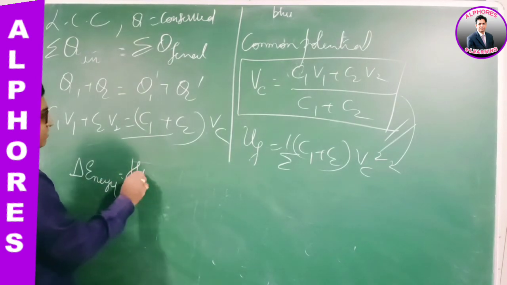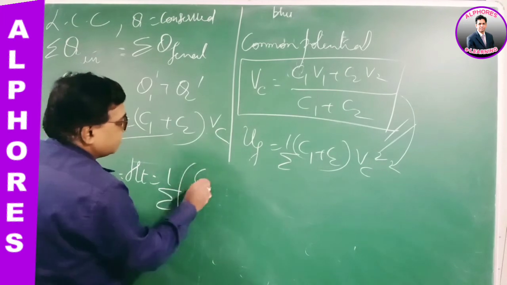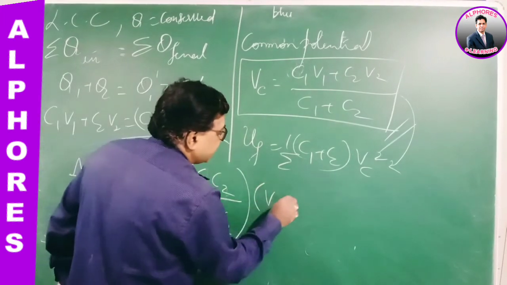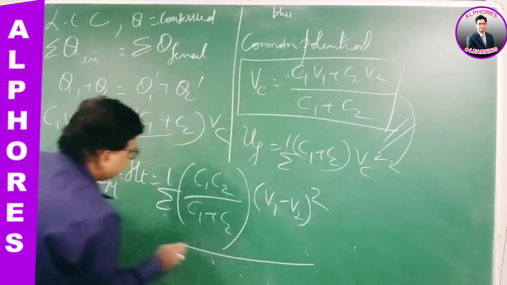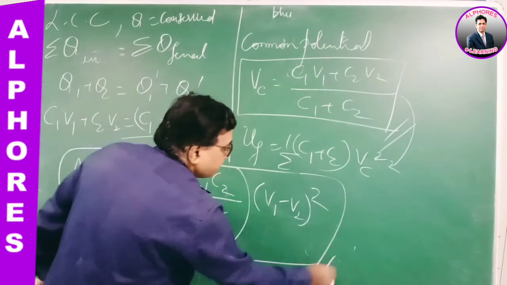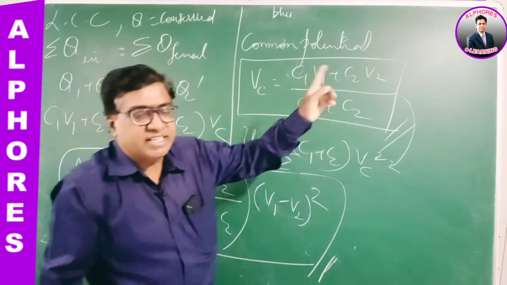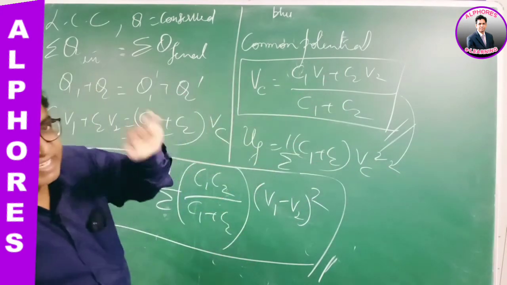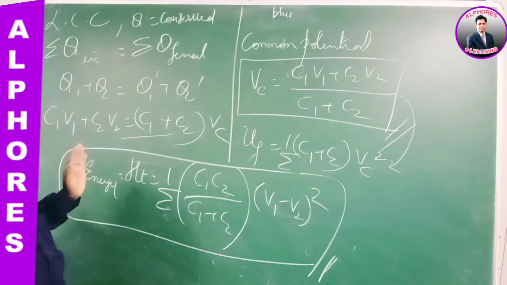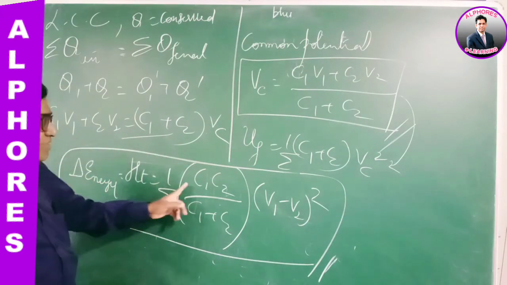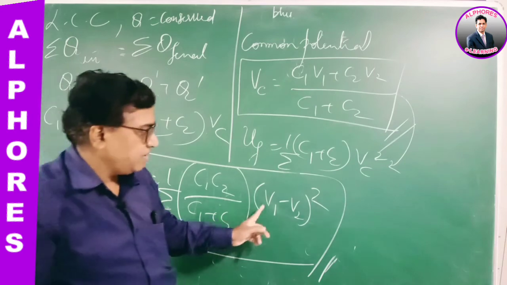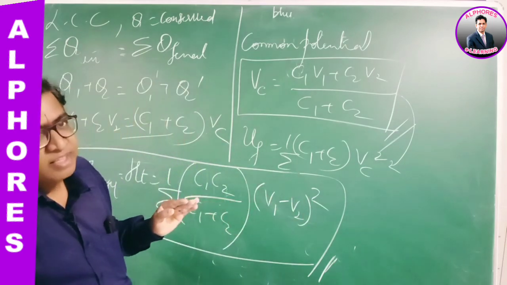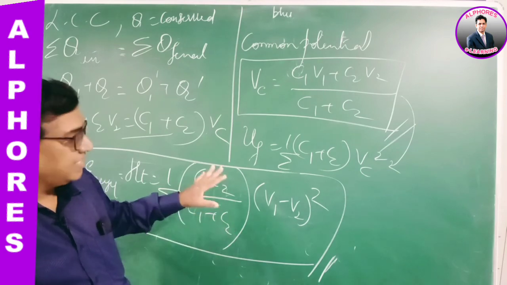This is given by the formula half C1 C2 by C1 plus C2 into V1 minus V2 whole square. The final energy stored is less than the initial energy. This is the energy lost in the conduction process, in the form of heat.